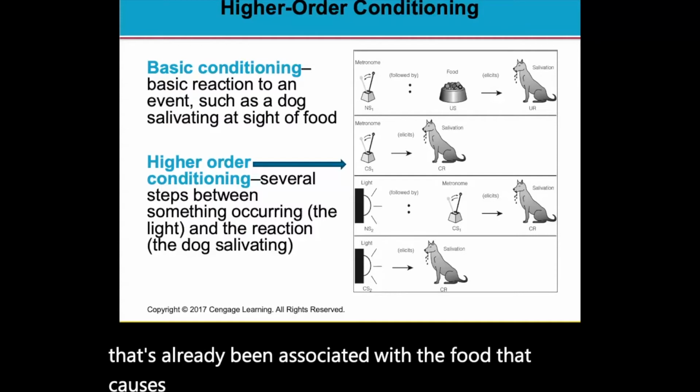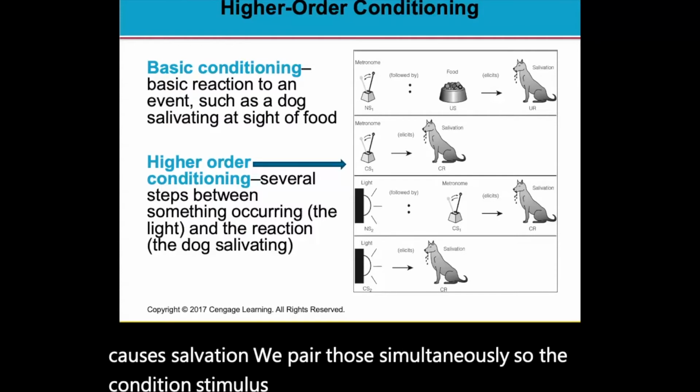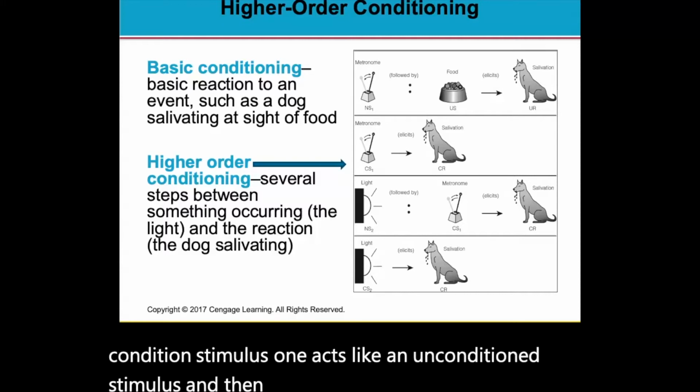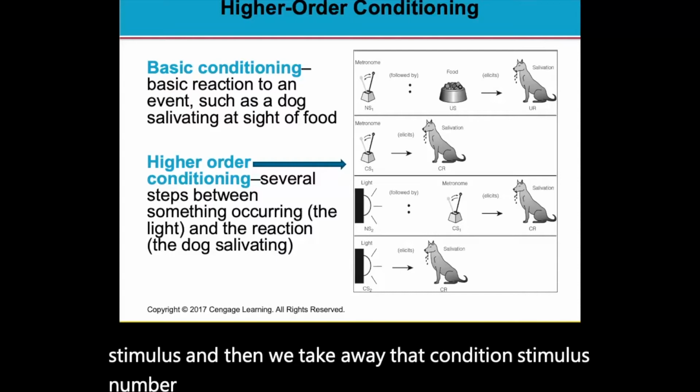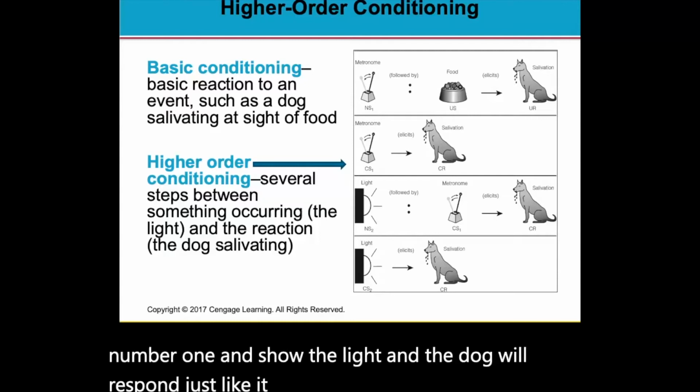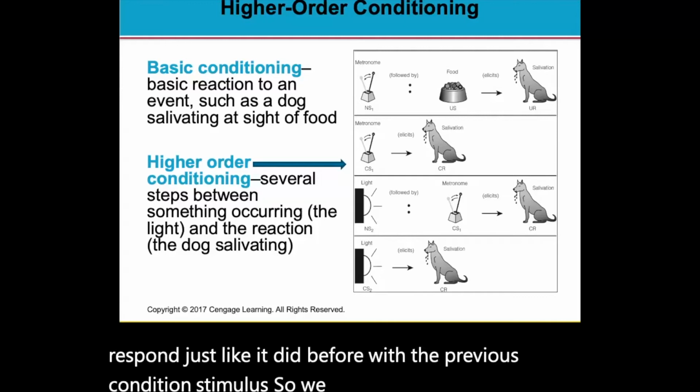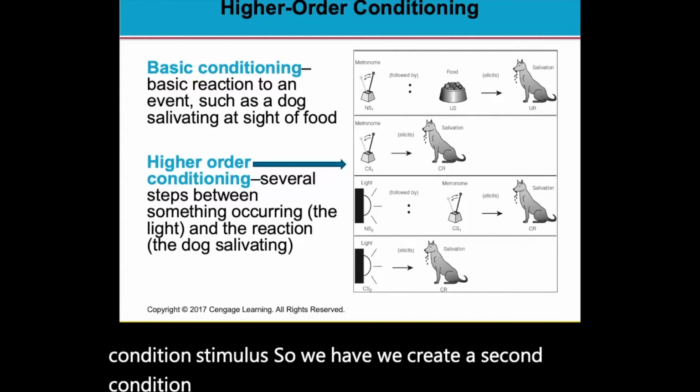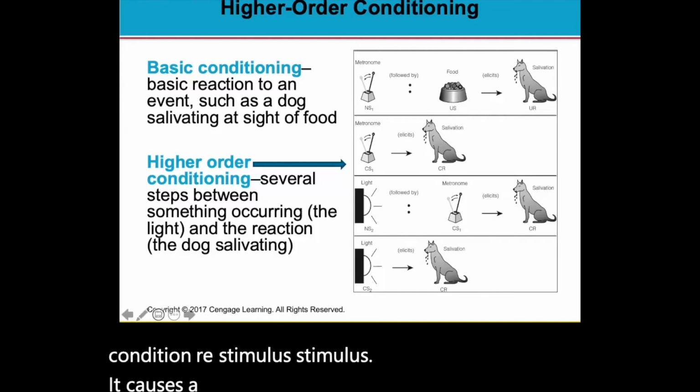We pair those simultaneously, so conditioned stimulus 1 acts like an unconditioned stimulus. And then we take away conditioned stimulus number 1 and show the light, and the dog will respond just like it did before with the previous conditioned stimulus. So we create a second conditioned stimulus that causes a conditioned response.